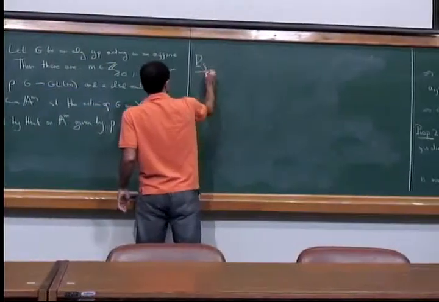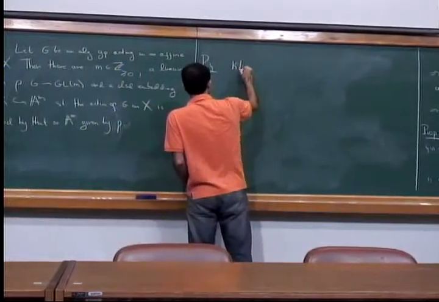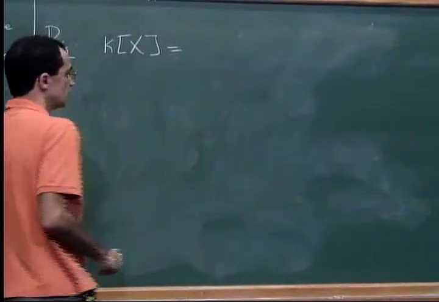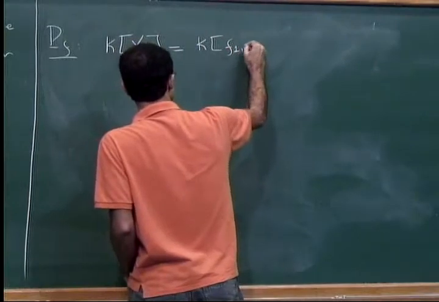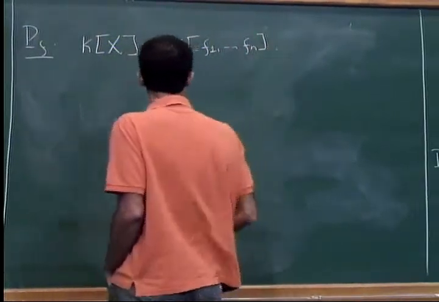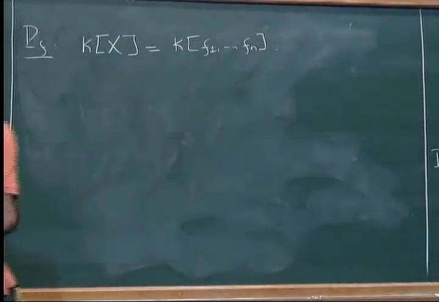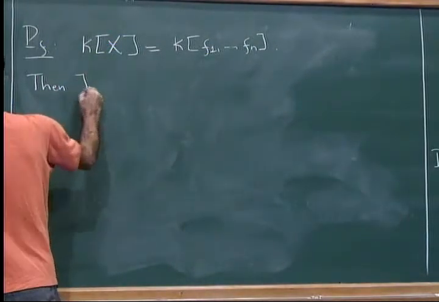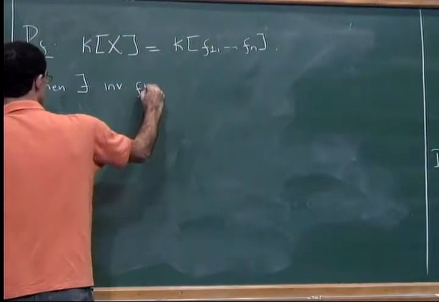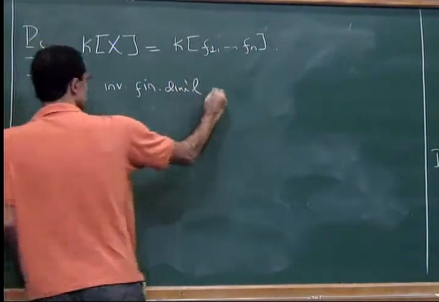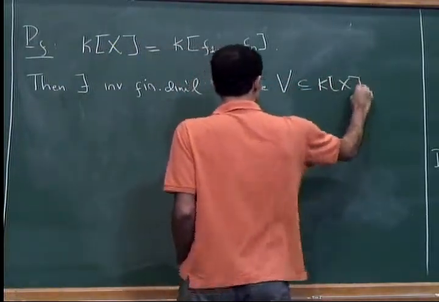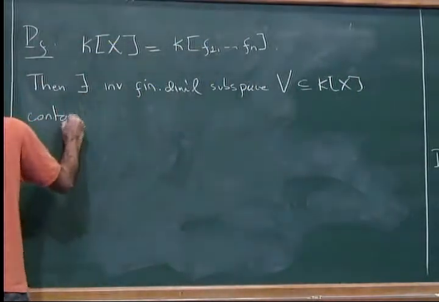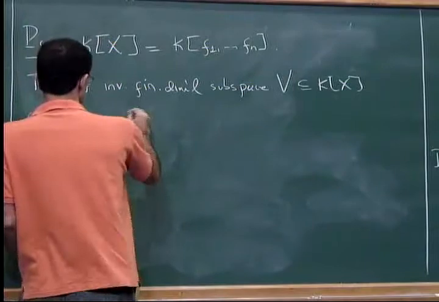Okay, so the proof is again quite simple. We look at the ring of regular functions on X, right? It's a finitely generated ring. So let me write here generators, F1 up to Fn. Right? Then we know that there is an invariant, finite dimensional subspace V containing these functions.